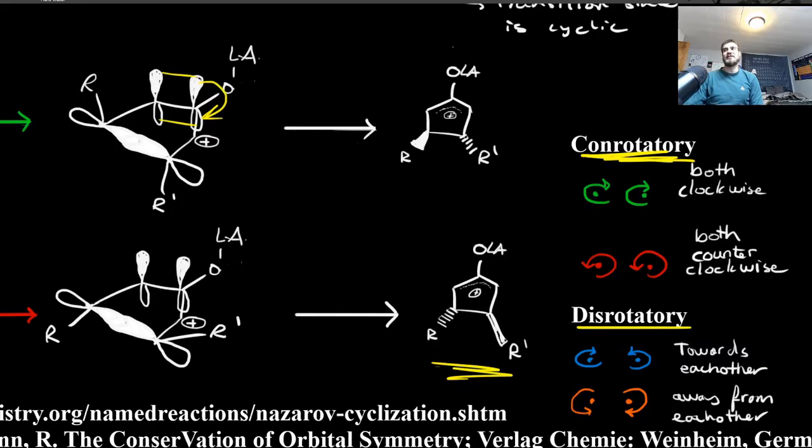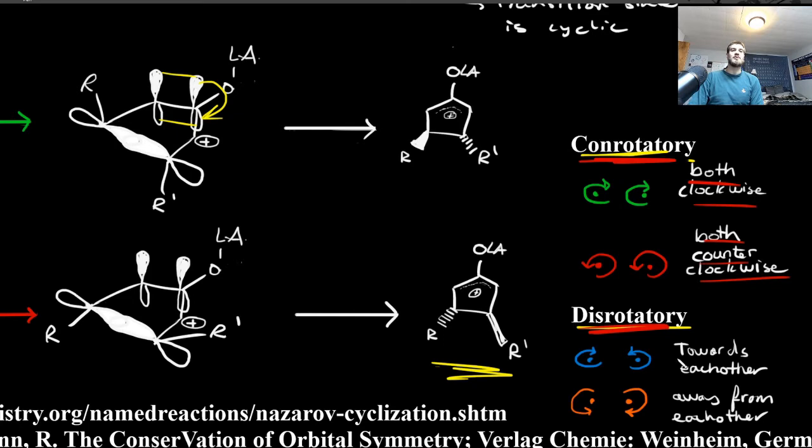As I said in the last part, you either have a con-rotatory mechanism or a disrotatory one. Con-rotatory means that both of the p orbitals involved in your bond formation are going in the same rotational direction, so either both clockwise or both counterclockwise.